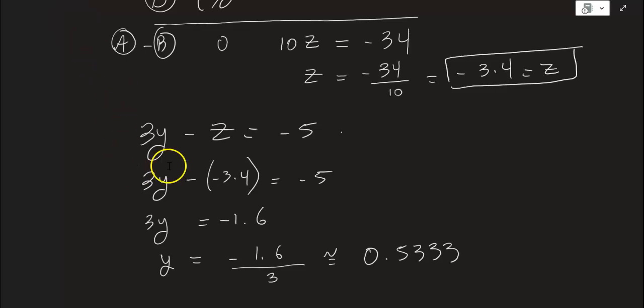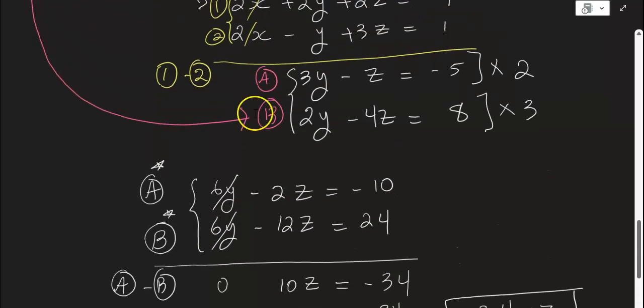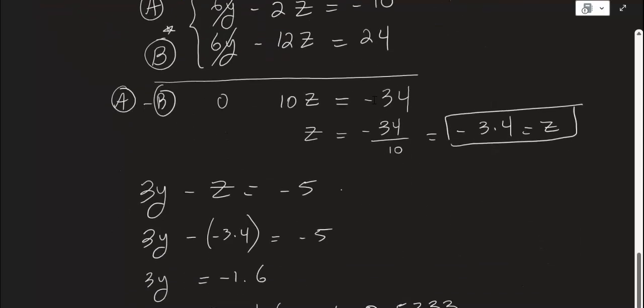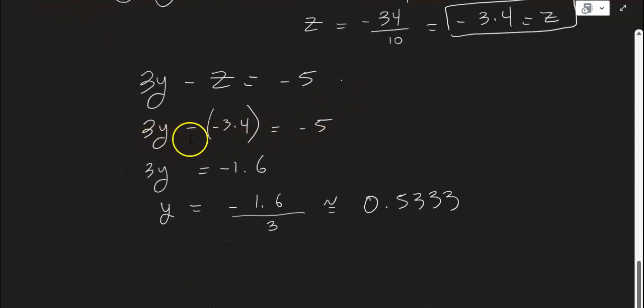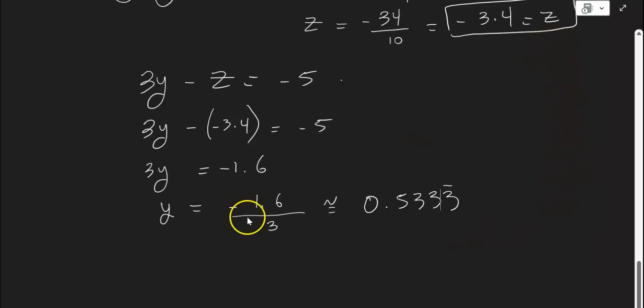When we plug in the value of z, negative 3.4, we get 3y minus negative 3.4 equals negative 5. We manipulate it, and we get y equal to approximately 0.5333, repeating actually. This repeats forever.